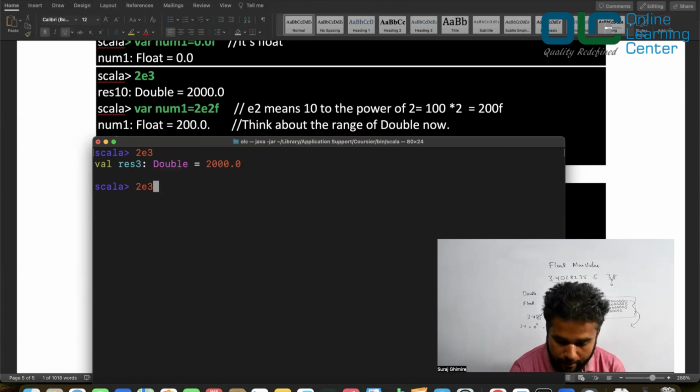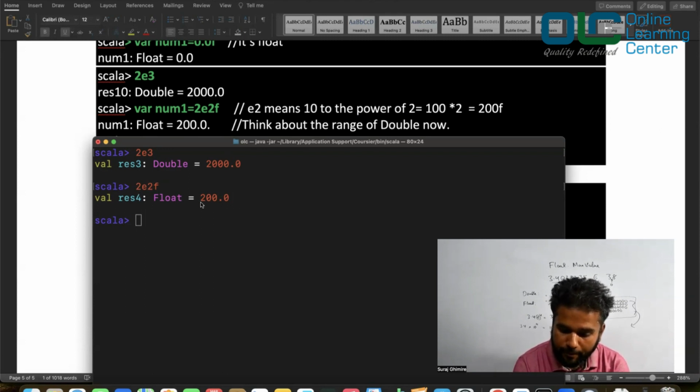Similarly, let me try something like this. What if I say 2e2f? When I say 2e2f, it gave me 200. Why? Because e to the power 2 is 10 to the power 2. 10 to the power 2 is 100. Right? 100 into 2 is 200. And this f means float.